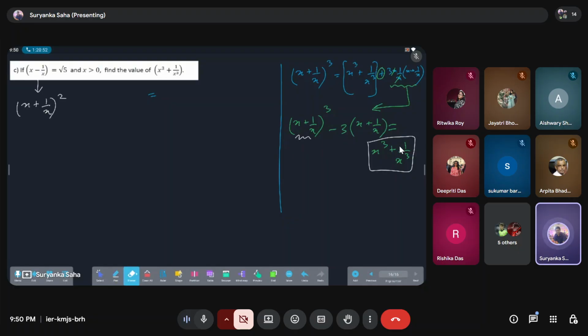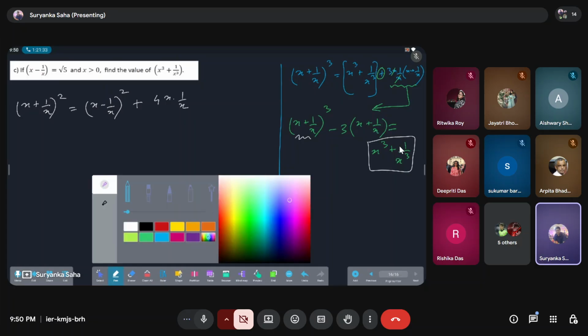So a plus b whole square equals a minus b whole square plus 4ab. This is minus, so here a minus 2ab term is there, so you need plus 4ab, so that adjustment will give plus 2ab. That is the a plus b whole square thing. This is how adjustment is done. So from here you can write it as plus 4, where a is x, b is 1 by x.